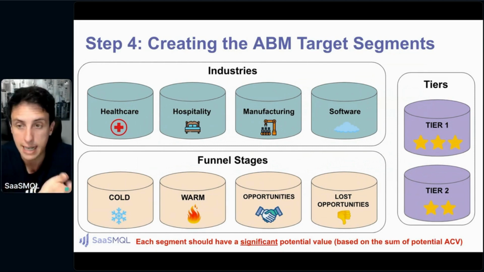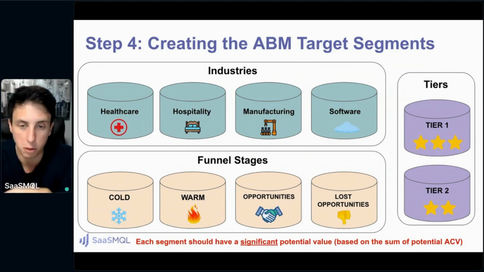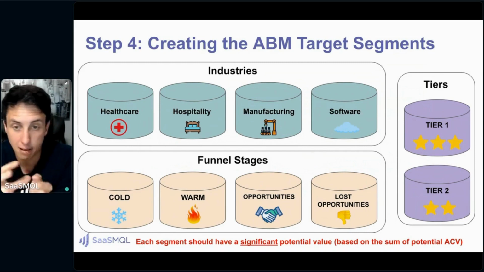So what are segments then? So you can have segments by industries, like in this case, you have healthcare, you have hospitality, manufacturing, software, constructions, I don't know, fast food, gyms, healthcare, fitness, other things. You can have it by products.